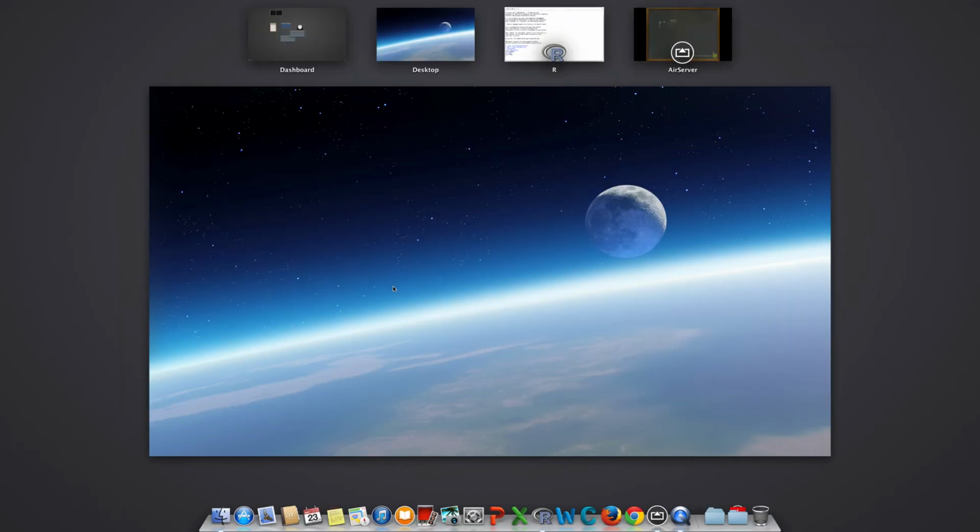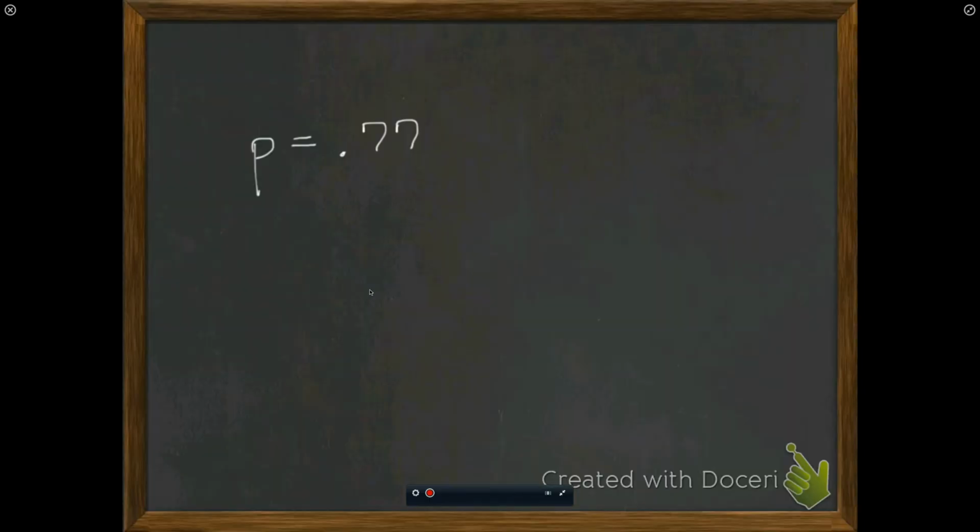Now let's scoot back over here to the blackboard, green board, whatever color that thing is. So anyway, let's kind of summarize what we have going on here. Our p-value is 0.77.